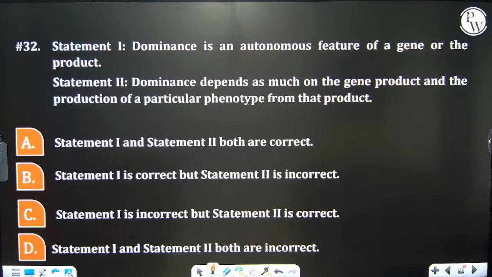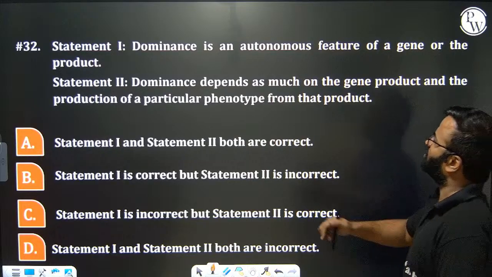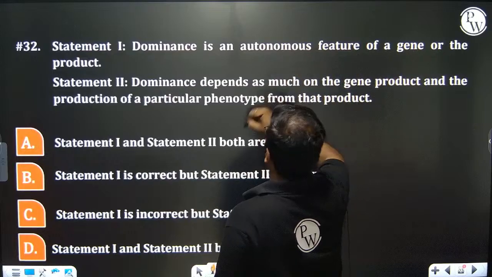Dominance is an autonomous feature of a gene or the product.